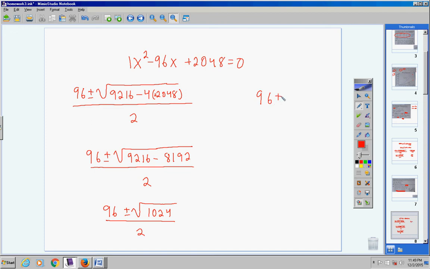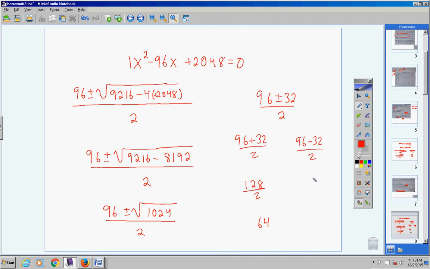So 96 plus or minus 32 all over 2. That would leave us with 96 plus 32 all over 2, and 96 minus 32 all over 2. 96 plus 32 would be 128, divided by 2 would give us 64. So there's one answer.